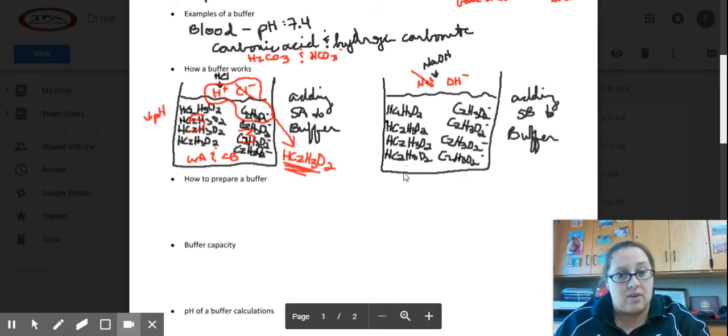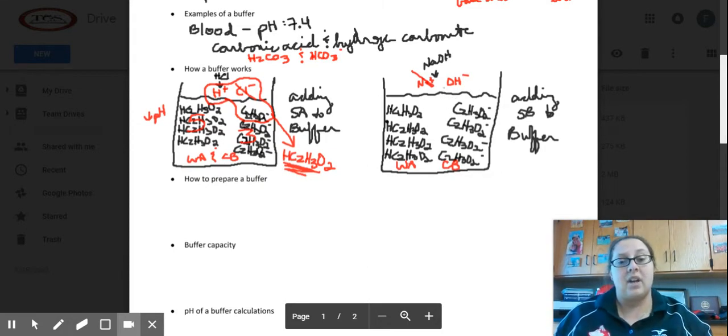This is a buffer because it's a weak acid, and we have a conjugate base here. One of these components is going to react with the OH once it enters the solution. So which one do you think it will be? Since the OH is a base, the acid component is going to react with this.